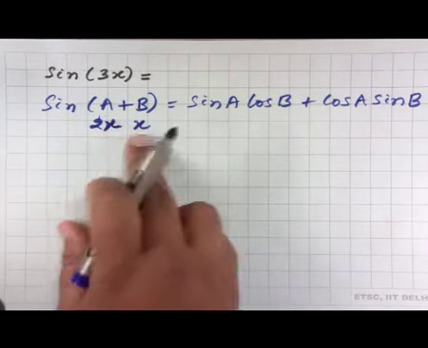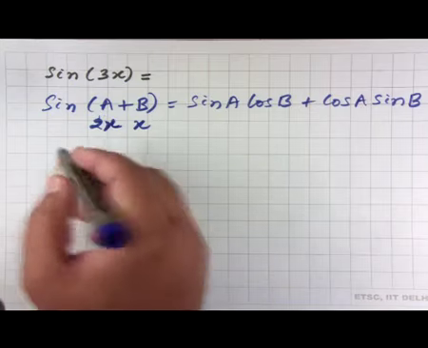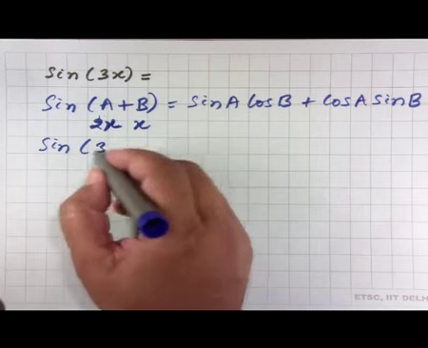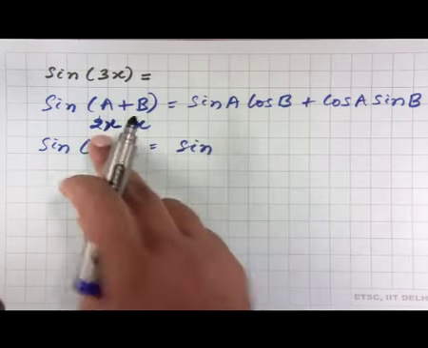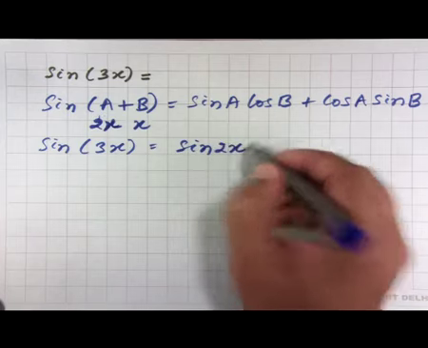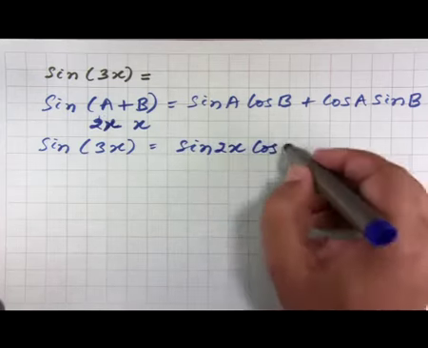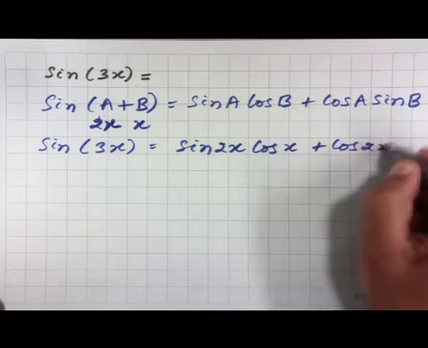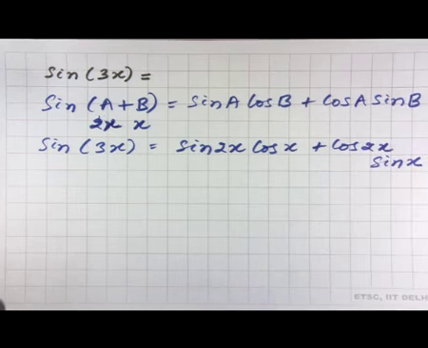So, when they get added up, we get sine of 3x. So, therefore, we get sine of 3x equals sine of a, but a is 2x. So, sine of 2x times cos of b, but b is x. So, cos of x plus cos of 2x times sine of x.